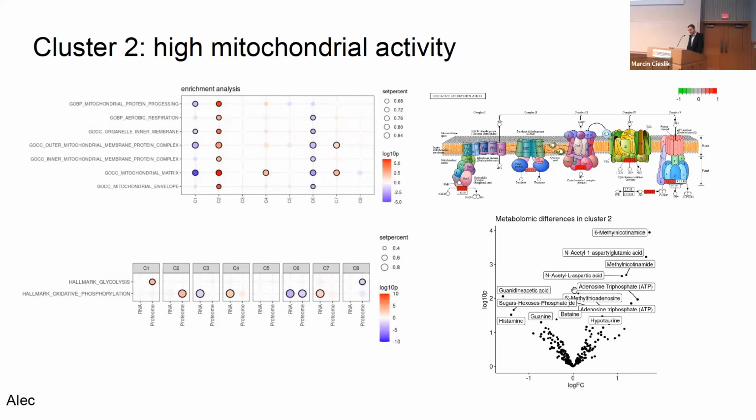And taking advantage of the metabolic data, we can see that cluster number 2 has higher concentrations of ATP and lower concentration of glucose or phosphoglucose. So essentially showing how those tumors rely on oxidative phosphorylation to turn glucose into ATP.